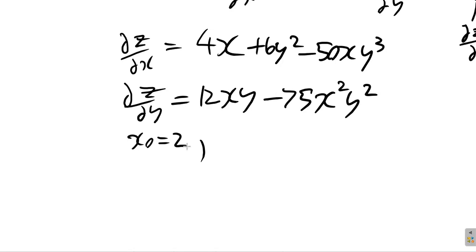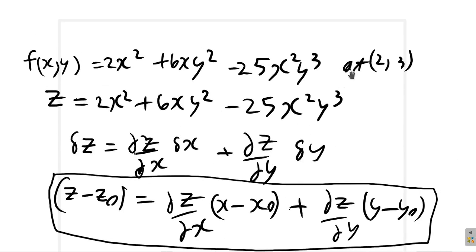Remember, x naught, y naught, z naught is the location of the point. That's the point of tangency between the tangent plane and the surface. That's where they touch. We have x naught, y naught. What is z naught?